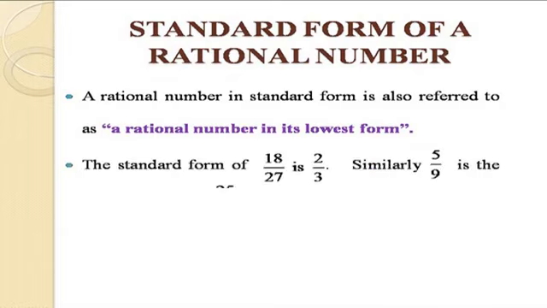For example, the standard form of 18 by 27 is 2 by 3. Similarly, 5 by 9 is the standard form of 25 by 45, because 2 by 3 is the lowest form of 18 by 27 and 5 by 9 is the lowest form of 25 by 45.